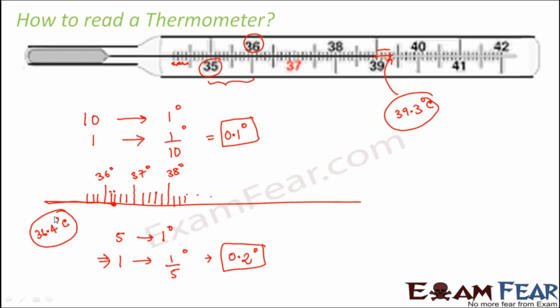Whenever you want to read a clinical thermometer, first of all you have to determine how much one short line represents. If one short line is 0.1 degree, then you can read the thermometer accordingly. If one short line is 0.2 degree, then again you can read it accordingly. Now mostly clinical thermometers are on the Celsius scale, but a lot of clinical thermometers are also on the Fahrenheit scale.